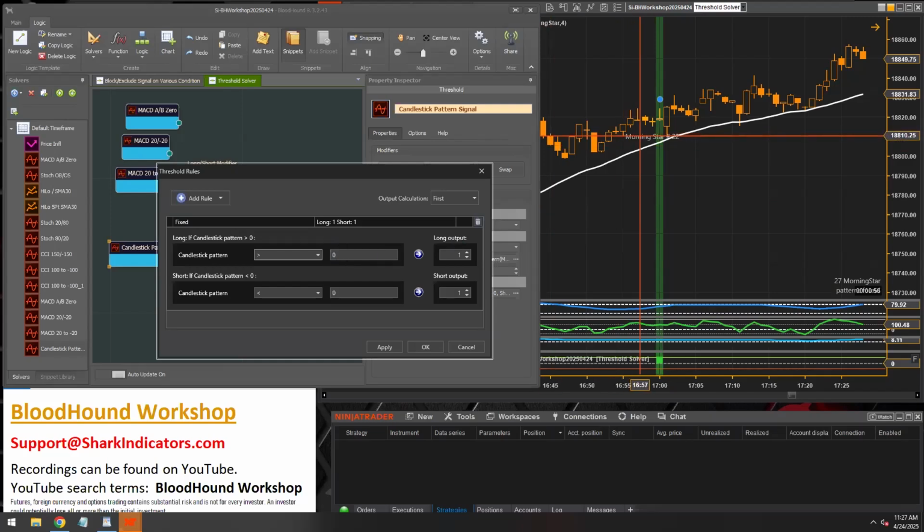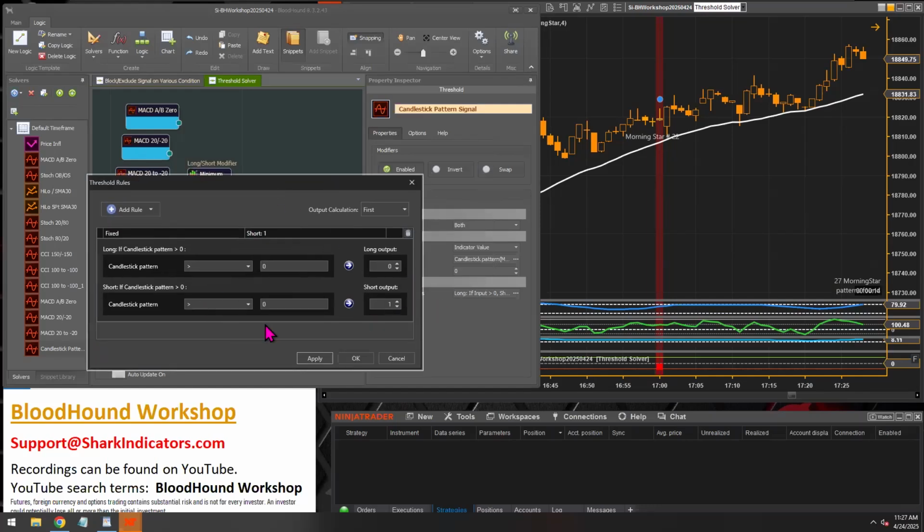Now, if this was a short candlestick pattern, then you would need to turn on the short output here, but then also turn off the long output here. So if I hit apply, there we go. So now we have a short. So if we were looking for a short candlestick pattern, we do need to set up the rules window so that we're looking for the numeric value that the indicator outputs here.